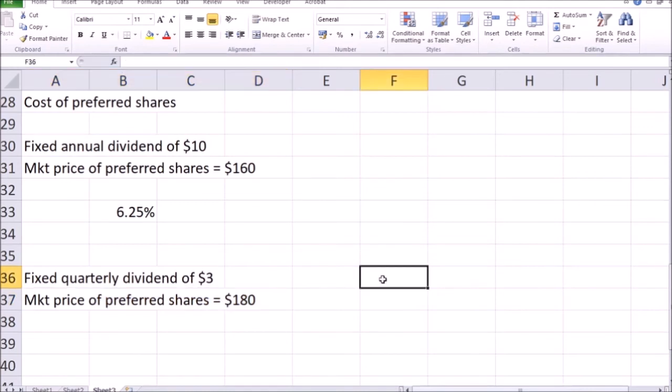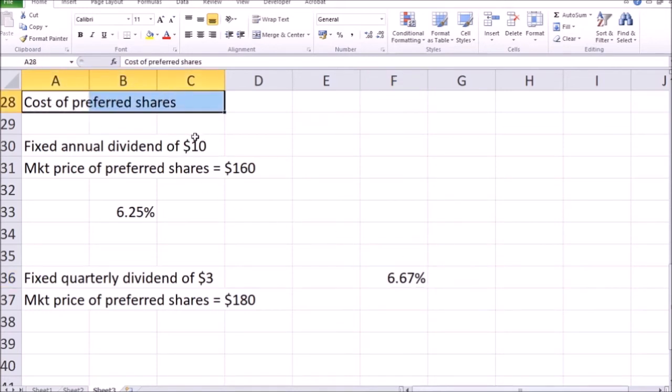Per year, the shareholders will receive $12, and as a percentage of buying the share for $180, that generates 6.7%. And this is how we calculate the cost of capital raised through issuing preferred shares.